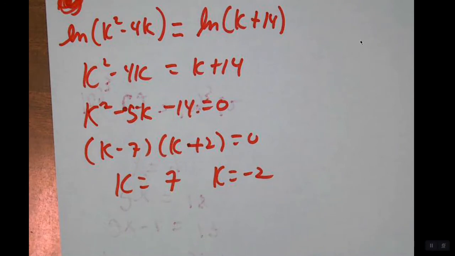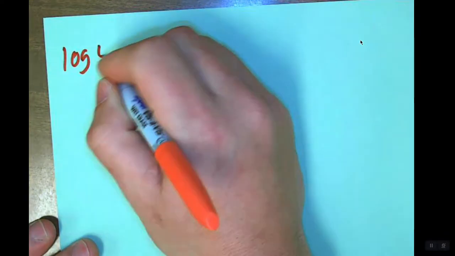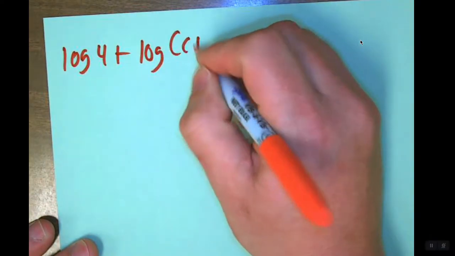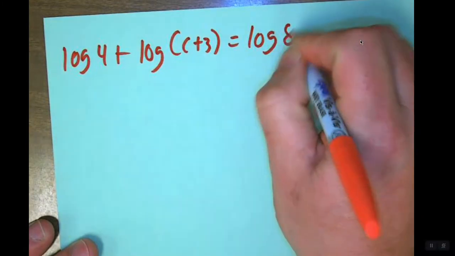Let's look at a few more complex ones. All right, they're not all going to be that easy. There's no way that it's going to be that easy. So let's look at like number 3. If you look at number 3, you got log 4 plus log of c plus 3 equals log of 8.